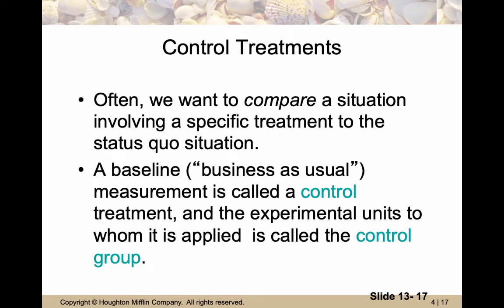We might even want to include a third option in a minute that we're going to discuss called a placebo. A baseline business as usual measurement is called a control treatment, and the experimental units to whom it is applied is called the control group.